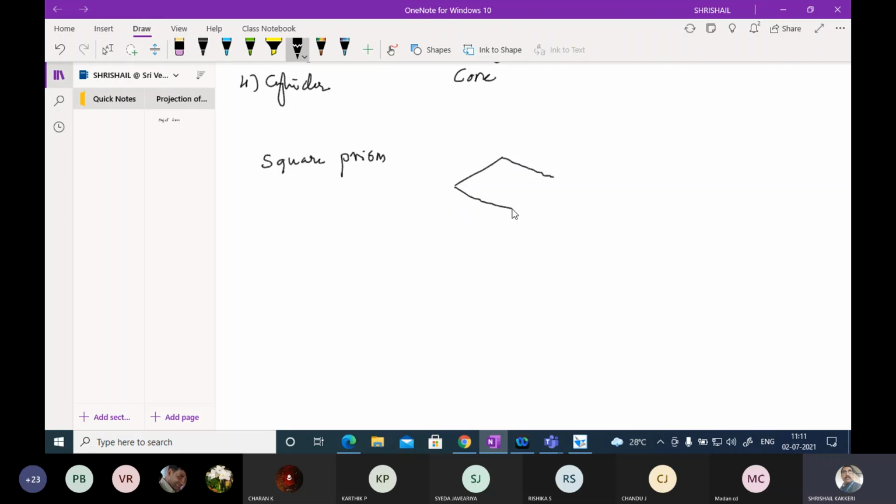The cross section will be square, and all these sides will be equal. The other side is not visible to you, so I am going to show it by a dotted line.